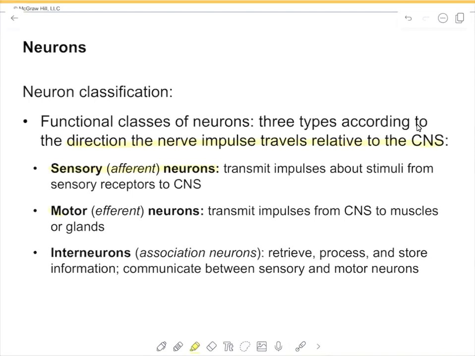If information is taken away from the central nervous system, they are called motor. So remember, towards means sensory or afferent, and away, efferent, means away or motor. If, however, the function of the neurons is that they are association neurons, that they retrieve, process, and store information, they are called interneurons.